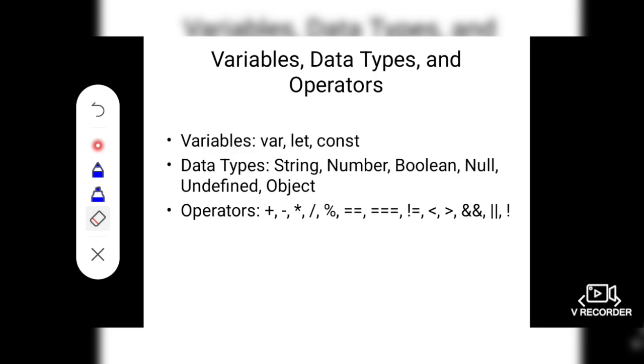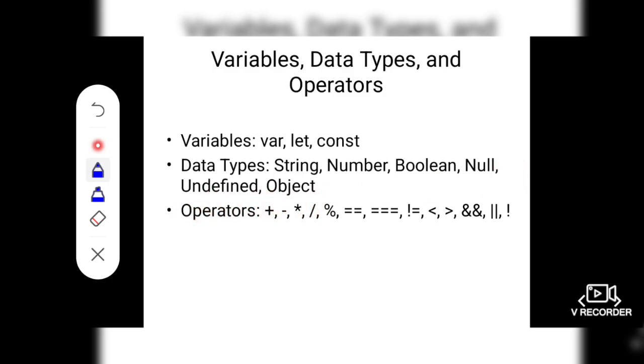Next we have data types in JavaScript. These data types are dynamically typed, so the type is assigned automatically. We have primitive data types: string, number, boolean, null, and undefined.